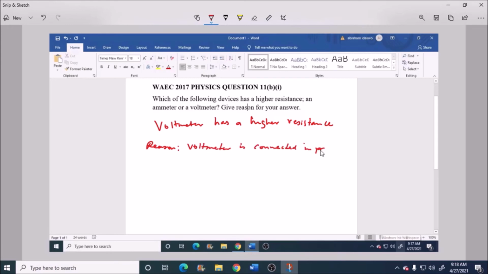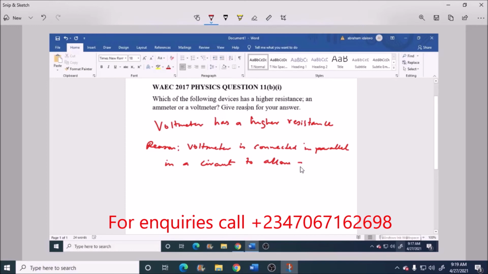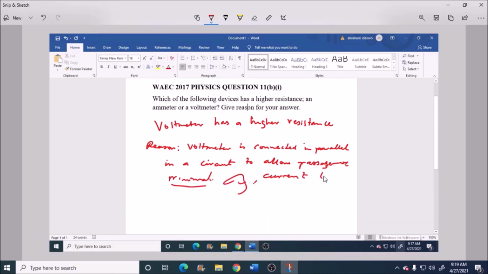It's connected in parallel in a circuit to allow passage of minimal current through it. The circuit current is not affected.